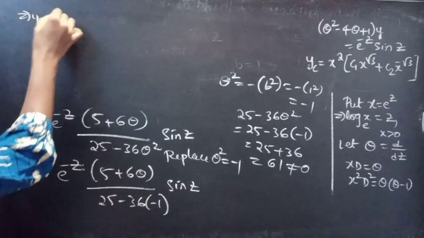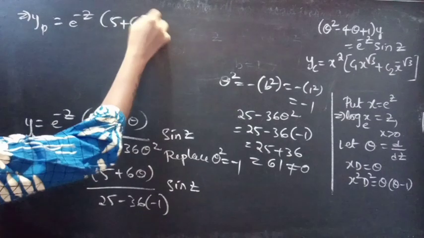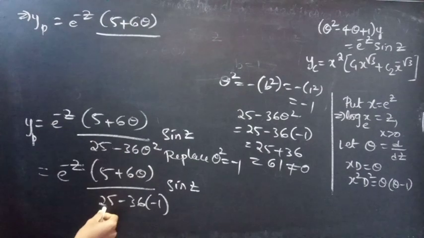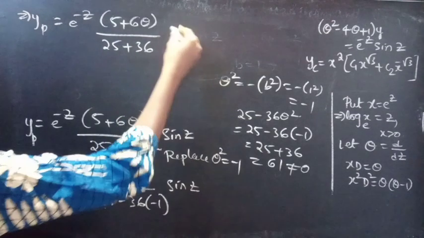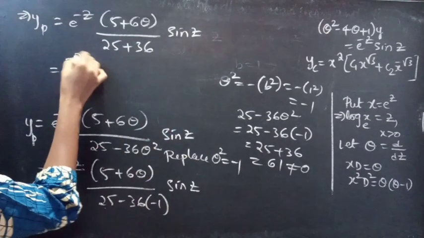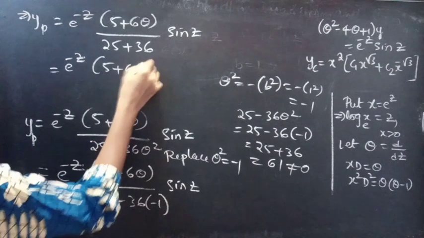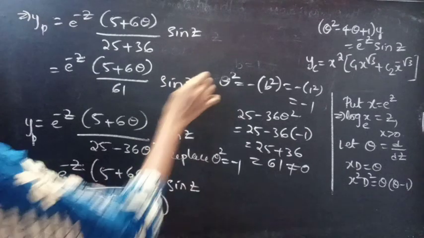Then yp becomes e power minus z into 5 plus 6 theta by 25 plus 36 into sine z, which is equal to e power minus z into 5 plus 6 theta by 61 into sine z.